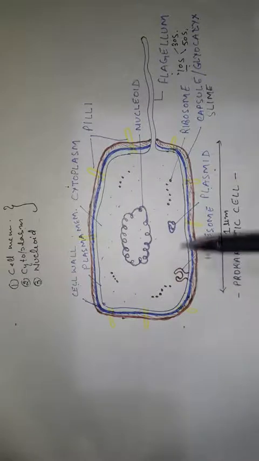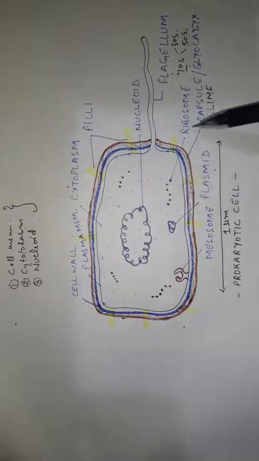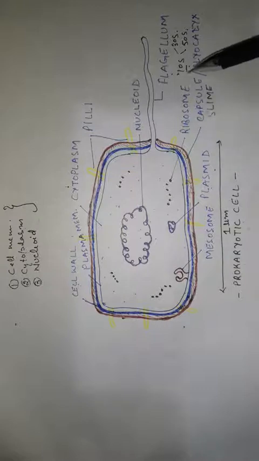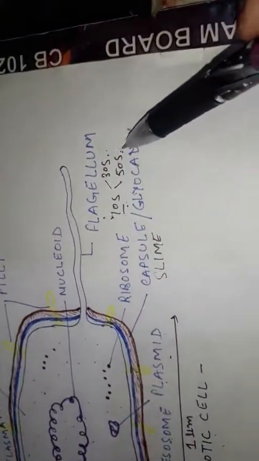Other than mesosome, you can spot here small granule-like structures. These granules are known as ribosomes. The characteristic feature of the prokaryotic cell is the presence of 70S type of ribosomes. These 70S ribosomes are actually made up of two subunits.